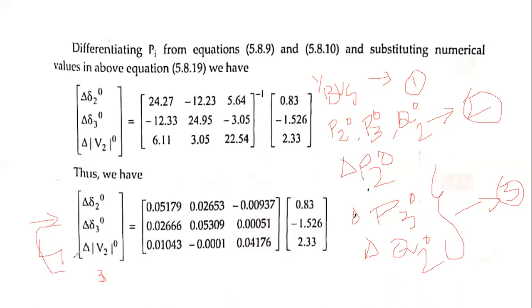Okay, we are having 4 steps in the Newton-Raphson method for determining the voltages. First we form the Y-bus matrix. After that, we determine the P2 power 0, Q2 power 0 and P3 power 0. Next, we determine the delta P2 power 0, delta P3 power 0, delta Q2 power 0. Last step is to determine delta 2 power 0, delta 3 power 0, delta V2 power 0. Okay, these are the 4 steps for finding the voltages by using the Newton-Raphson method.